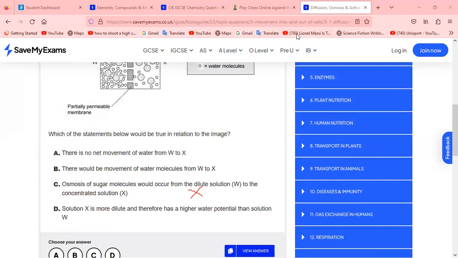Osmosis of water molecules would occur from the dilute solution W to the concentrated solution X. Solution X is more dilute and therefore has a higher water potential than solution W. But then they say which one is true in relation to the image.